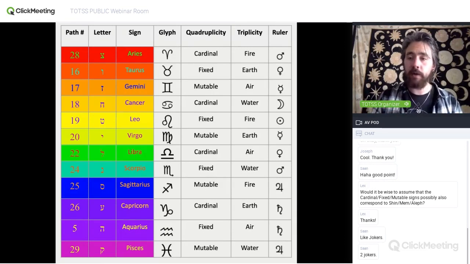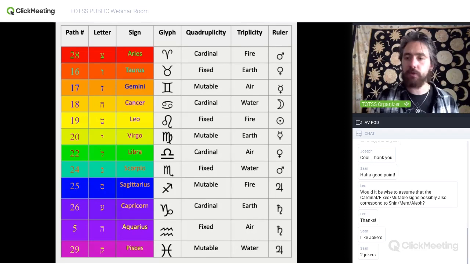The sun's entry into Aries, of course, is the spring equinox, right? So this is the beginning of spring, the start of life returning. So it's cardinal, it's fiery, and it's ruled by Mars, and that really summarizes the qualities of the sign.